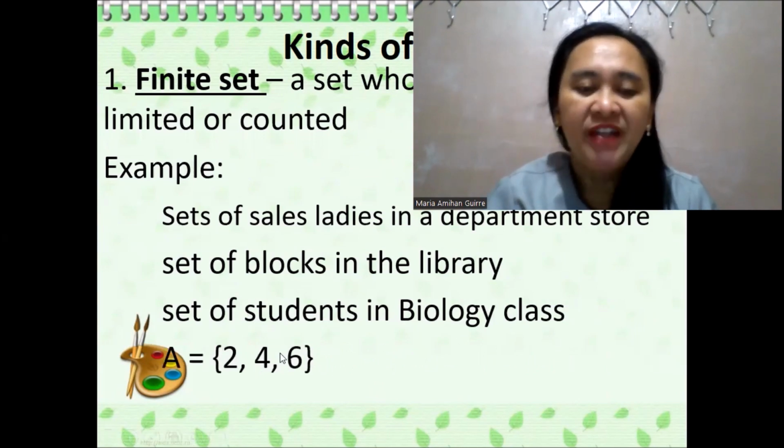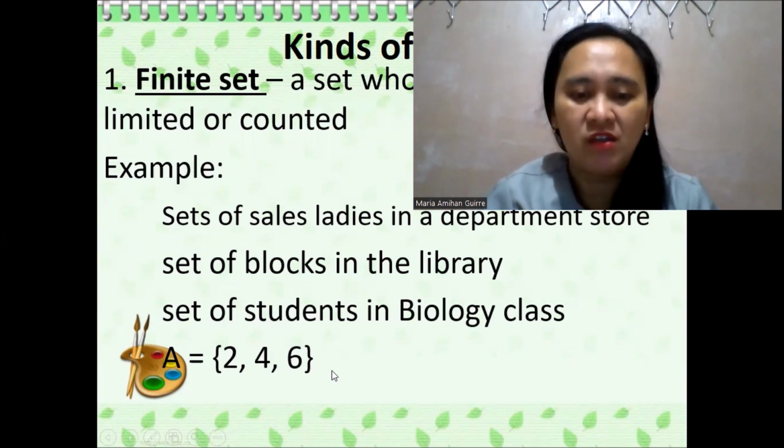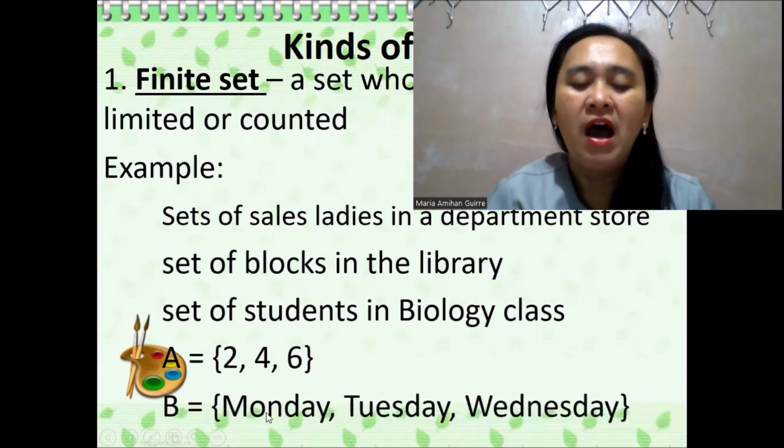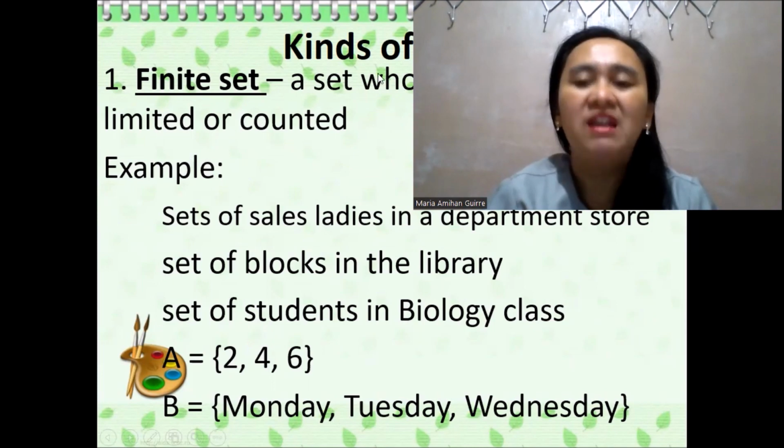Set A has elements 2, 4, 6. Wala tayong makikitang 3 dots or ellipsis. And set B has elements Monday, Tuesday, Wednesday. These are examples of finite sets.